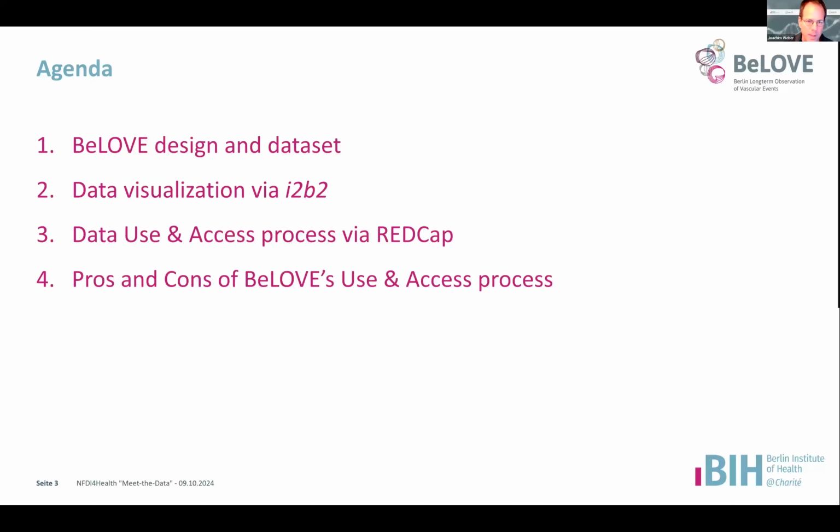And then I will come to the main part of the presentation, focusing on the use and access process we have integrated into BeLOVE. As it's a really large cohort study, it's important to have a working use and access process, including the decision-making process combined with this use and access aspect.